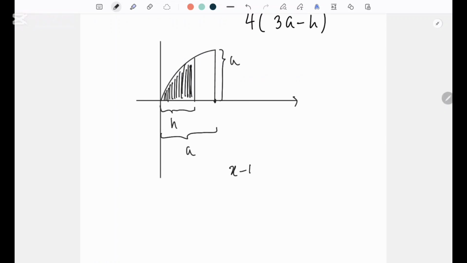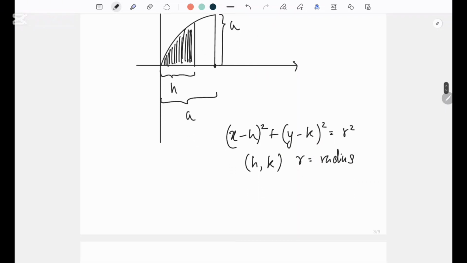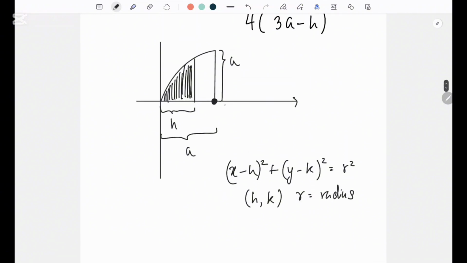You can write (x minus h) squared plus (y minus k) squared equals r squared, where (h, k) is the center and r is the radius. In this case, what's your center? This is your center, the point (a, 0), and the radius is a.